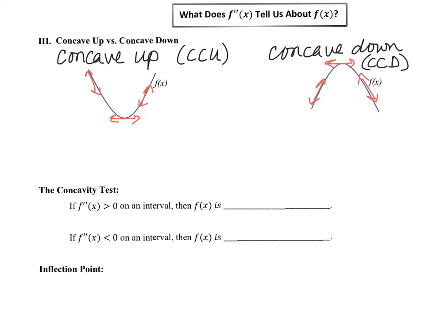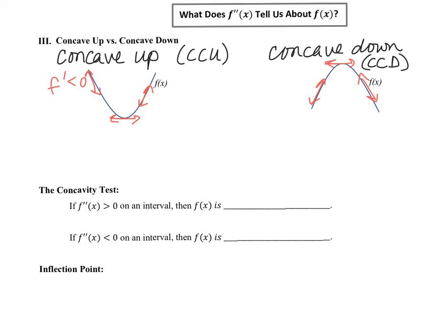But now let's take a look at what's actually happening to the derivative. Remember, the derivative is the slope of the curve. So if I were to look at the slope of my tangent lines, let's start here on the left side of this curve. Here, the slope of my tangent is negative, so the first derivative is less than 0.